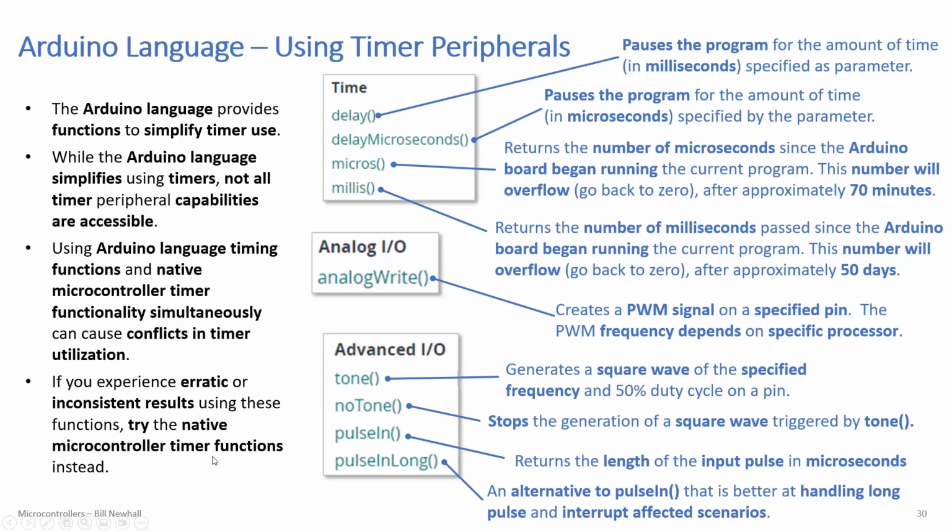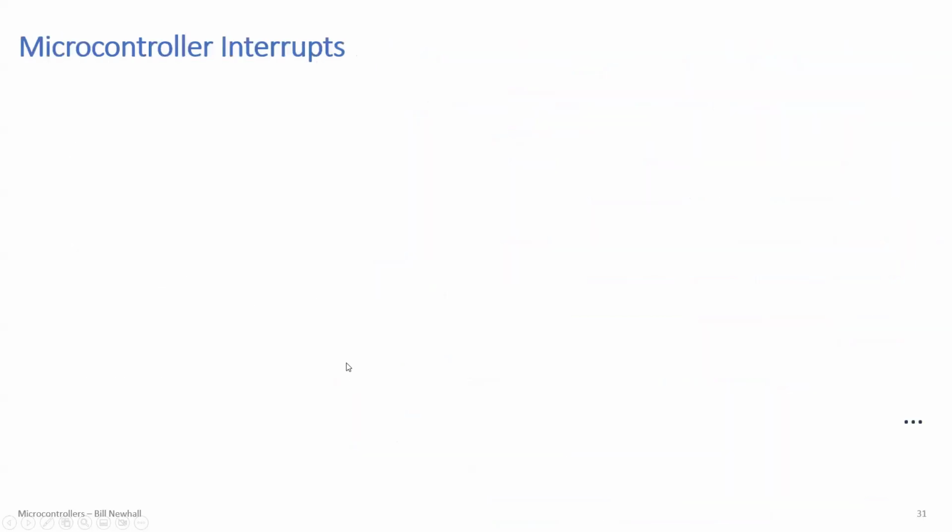In fact, that's what I did for the code that you're using in lab. I'm actually just using the lower level functions. So these are useful for your projects going forward. I think this is one of the key peripherals to learn for a microcontroller.